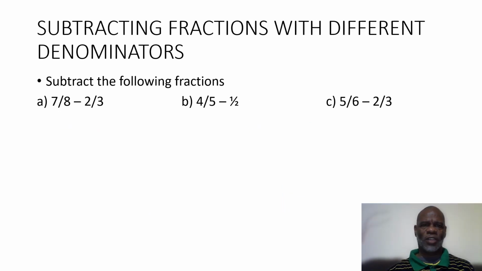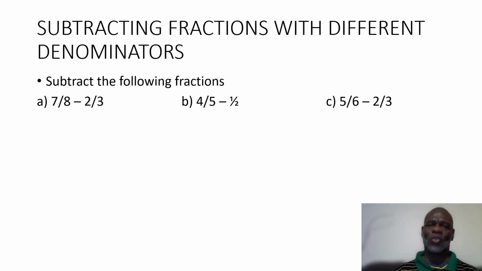Good. Now in this slide we are looking at subtracting fractions with different denominators. Now the principle remains the same as adding fractions with different denominators. The only difference in this case is that we are subtracting.